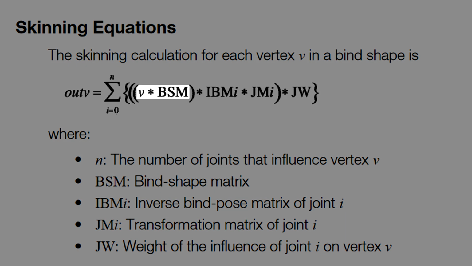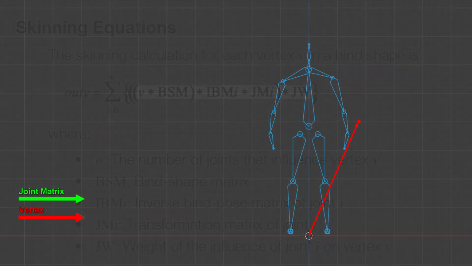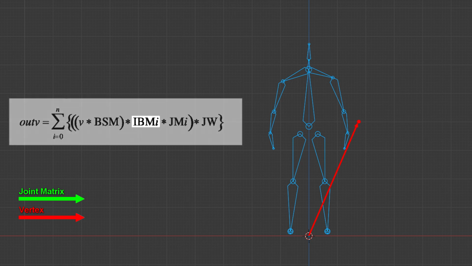As you can see, we first multiply our vertex with the bind shape matrix, then with the inverse bind pose matrix, then the transformation matrix of our joint including its parent joints. At last we multiply everything with the weight factor. The inverse bind pose matrix is, like I said earlier, used to set the joint as the origin of the vertex.